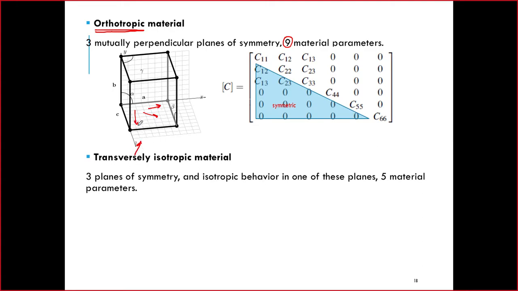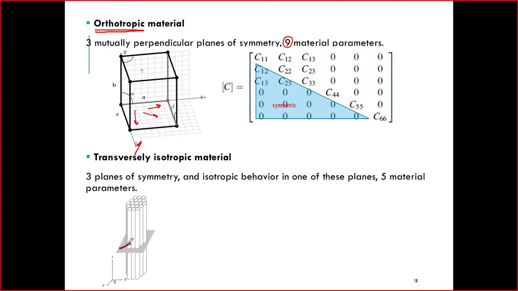It has the same material parameters. Then in that case the 9 simplifies further and we just get 5 material parameters. And an example I've shown right here is a fiber-based material. Kashif had already pointed out fiber reinforced composites, for example. They have 3 planes of symmetry and then one plane with isotropic behavior, such as this one.